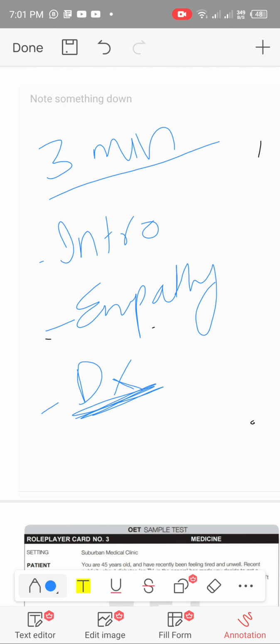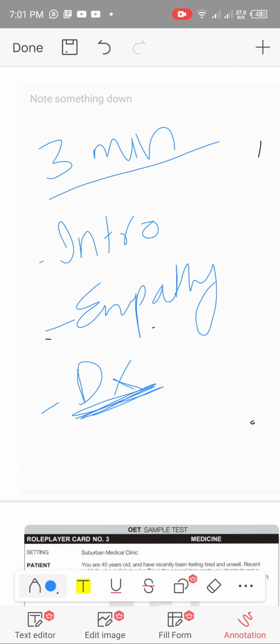Okay, and please explain the diagnosis in very simple language, in layman terms. Say for example, the case is that the person is having appendicitis, and you need to explain what it is.